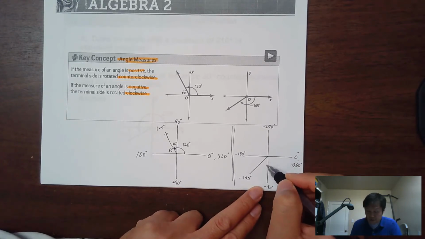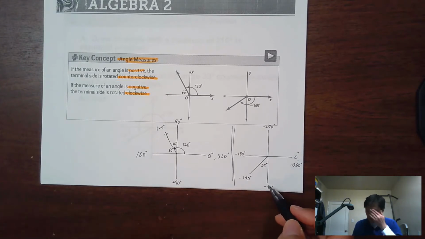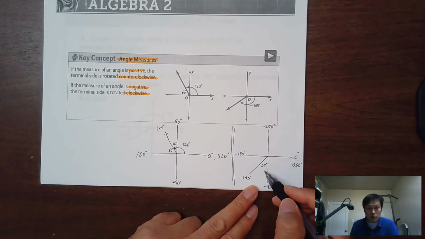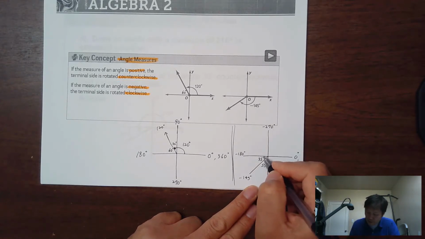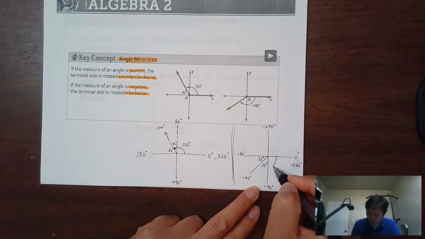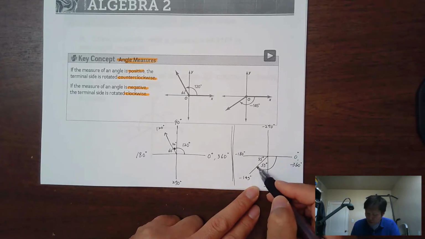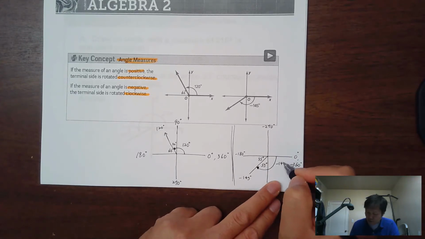This difference is always positive. That will be 55 degrees, which makes 90 minus 55, so 35 degrees. This will be 35 degrees. So that measure all the way up to here, we say that as minus 145 degrees.